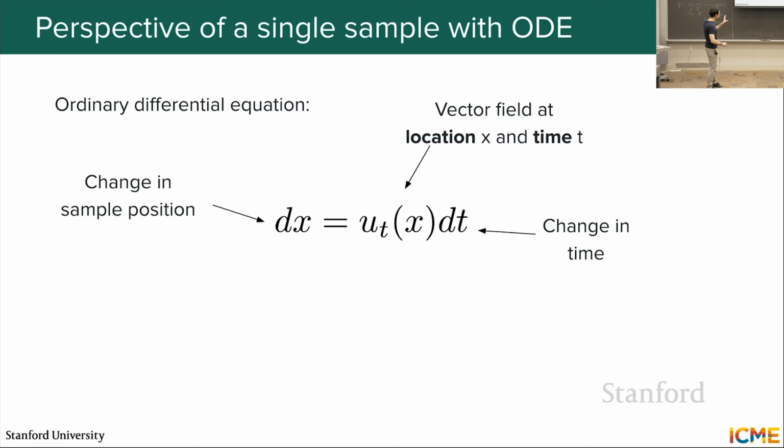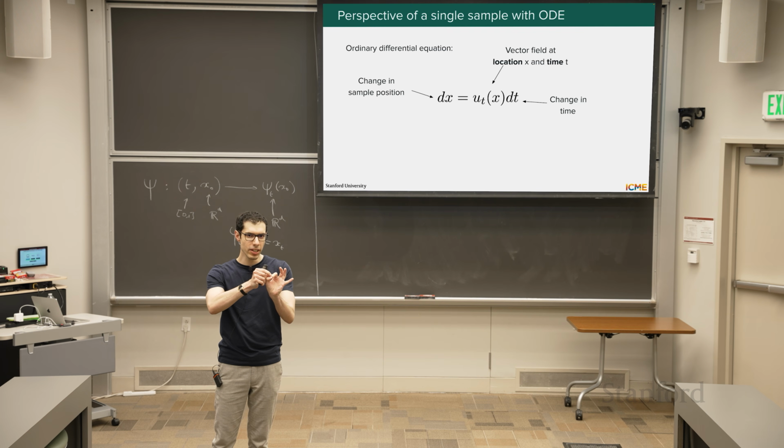So what we're going to say is that a change in position will be associated with the velocity at that location at that time t times dt. So in other words, a given particle in a given location will be moving according to that velocity.